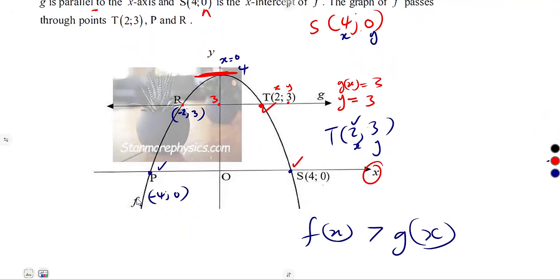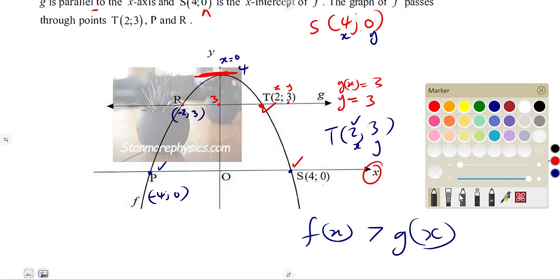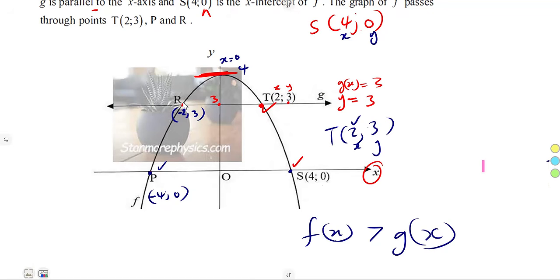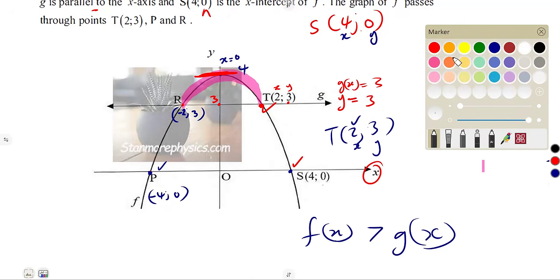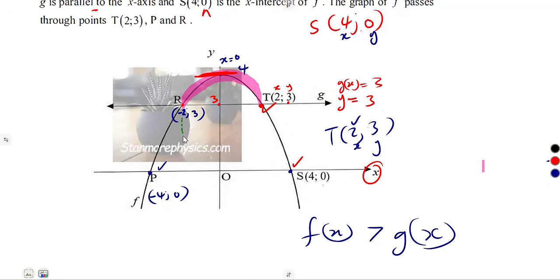So this is our f of x, remember. Where are we seeing it on top of this g of x, the straight line? This is the section that we can see here. It's clearly there, guys, above here. From R, it's above up to T, in between from R to T. Remember, at R, we said the value of x there is negative 2.